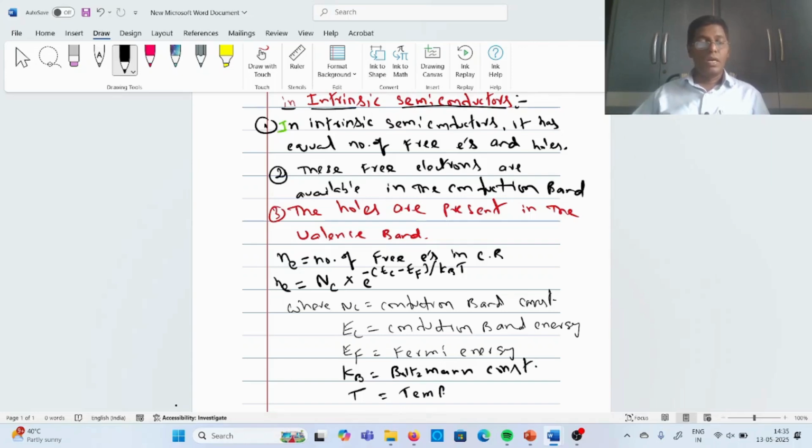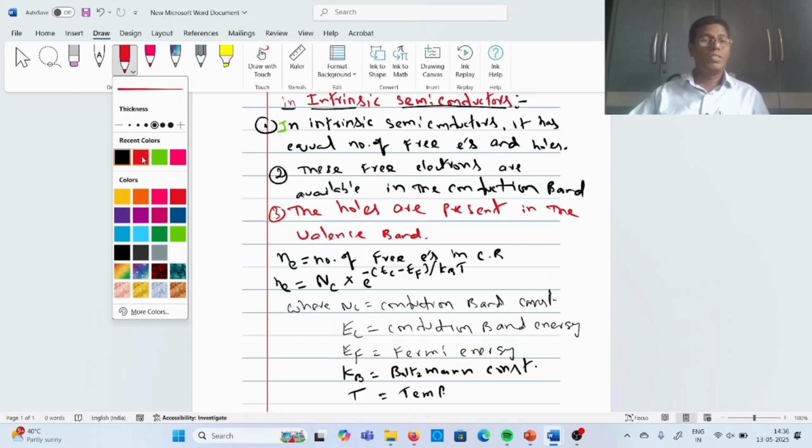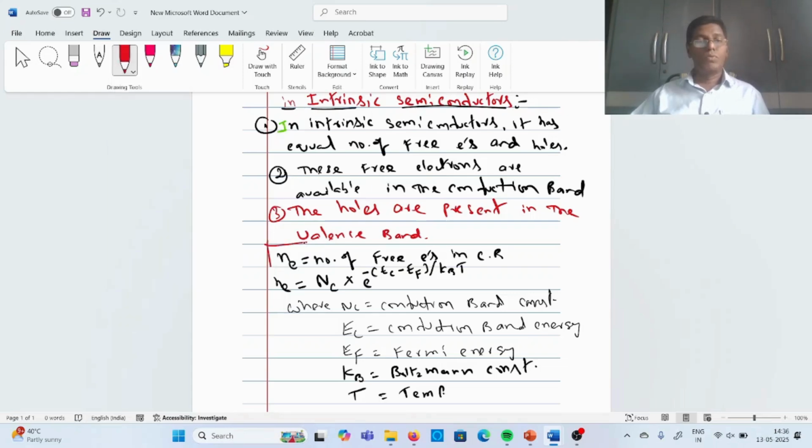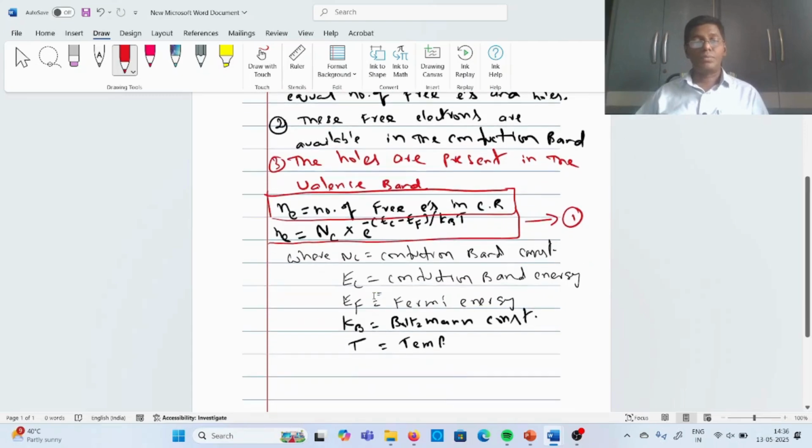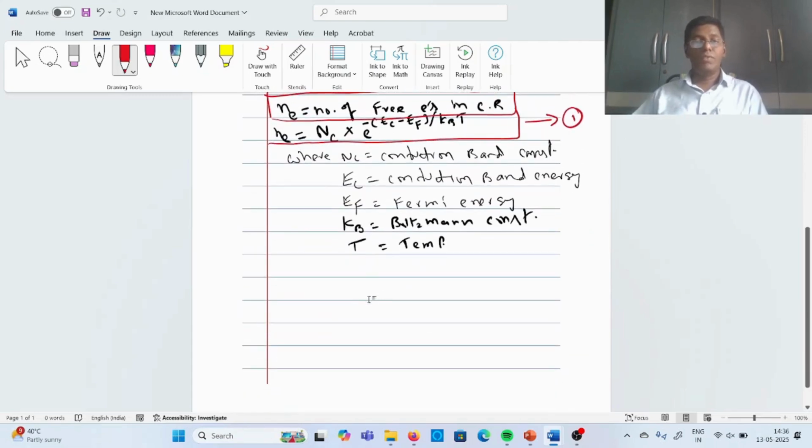So this is a representation of free electrons in the conduction band, that can be written by using the equation Ne is equal to Nc into e power minus of Ec minus Ef by kBT, where Nc is a conduction band constant, Ec is a conduction band energy, Ef is a Fermi energy, Kb is a Boltzmann constant, and T is a temperature.